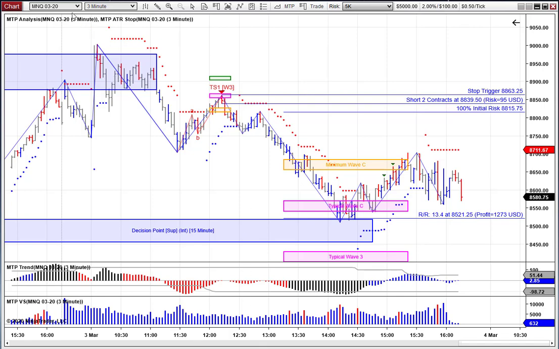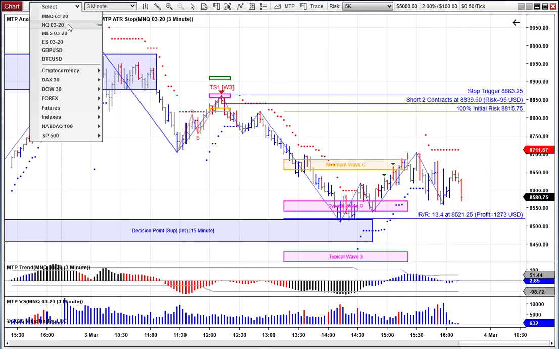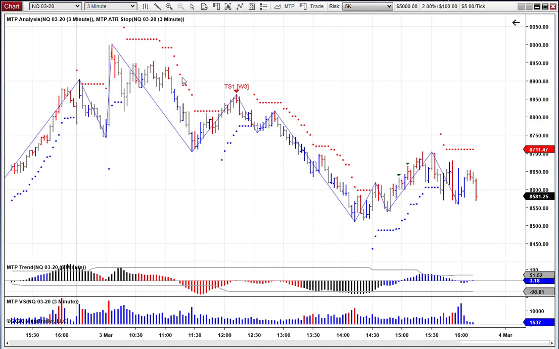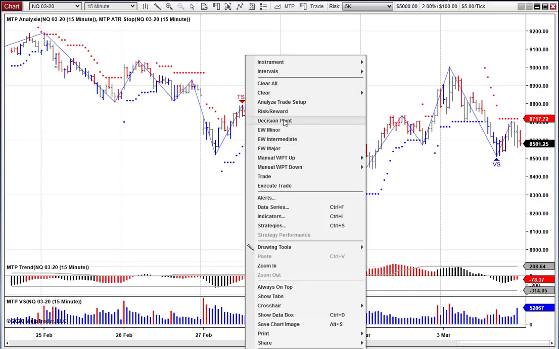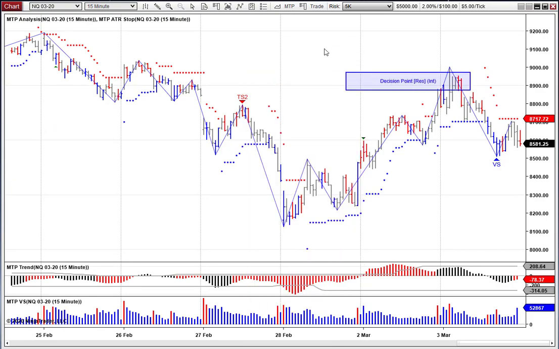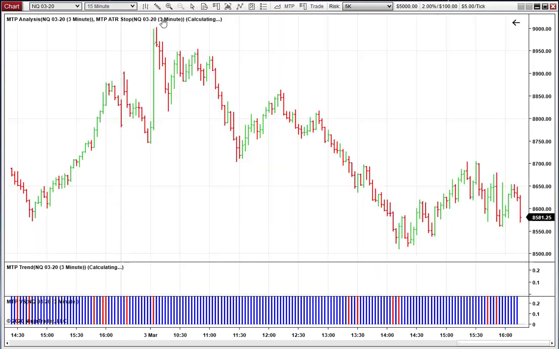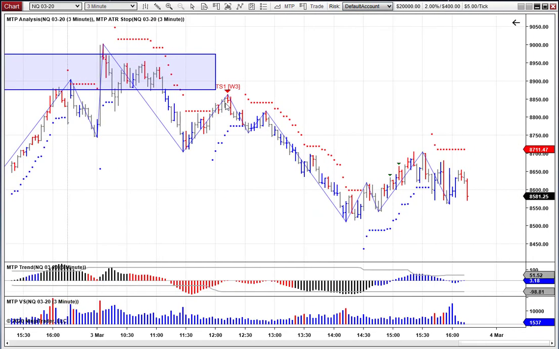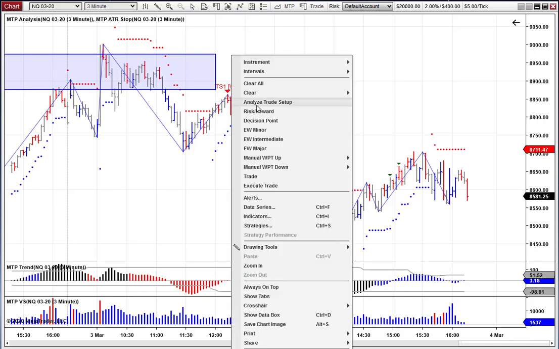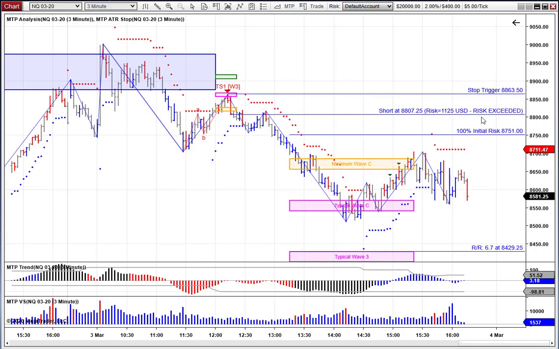Which is very interesting, because even if you go out to the normal NQ, there was exactly the same setup there yesterday, with a high coming in there off that DP absolutely perfectly. There we go. And if I go back out to our normal $20,000 account risking 2%, trading the normal NQ, can you see how the risk would have been exceeded?